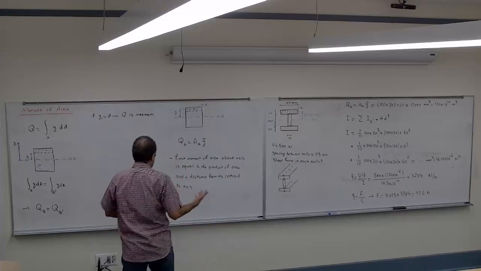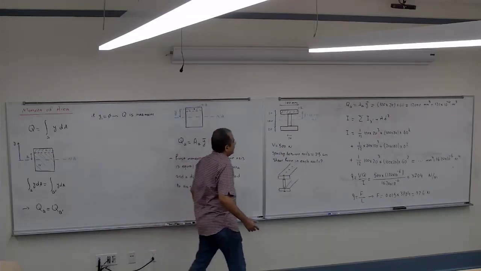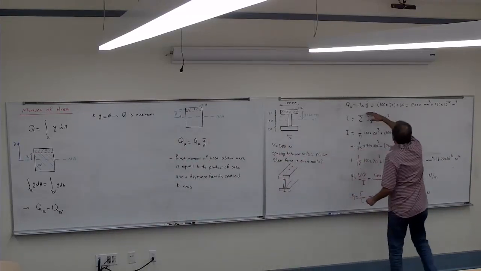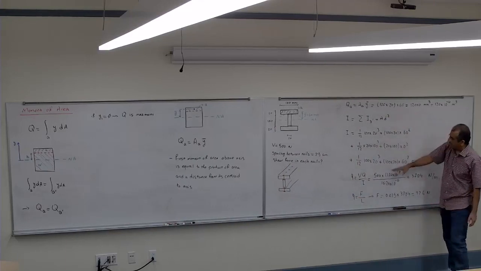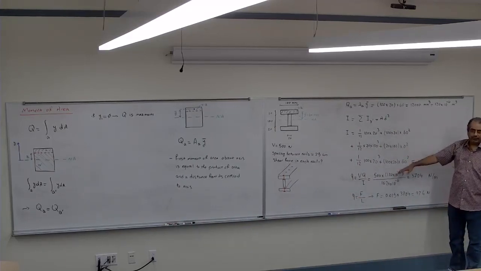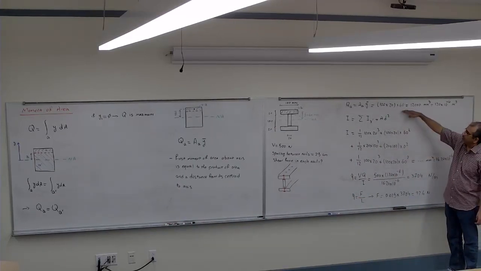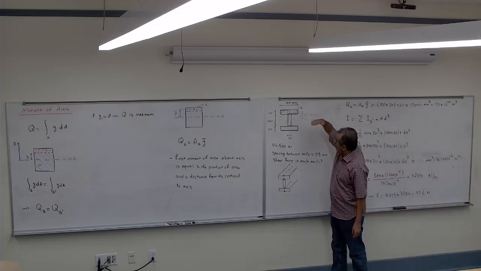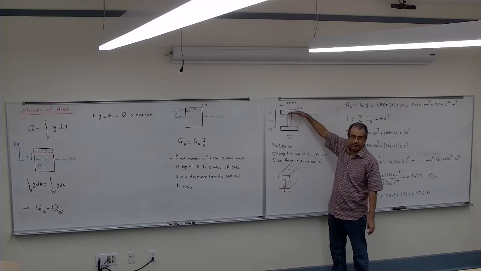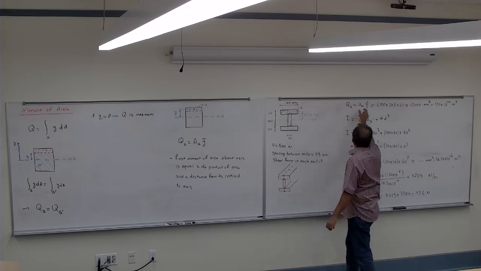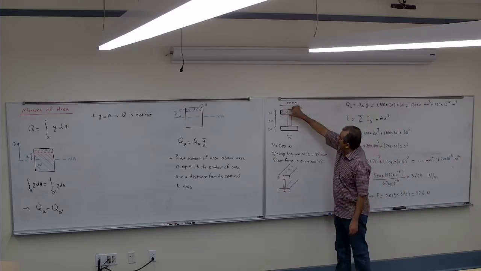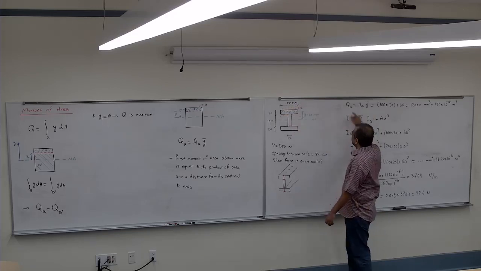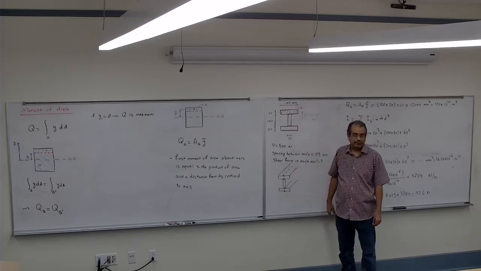So very quickly, the only new part is this part. The rest, the I, we had it before, we did it many times. So for this part, just define the interface where you want to find the shear stress, and then use this equation either for the top part or the bottom part. If I write this equation for the bottom part, I will get the same answer.